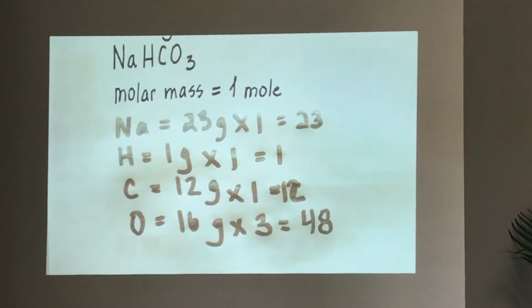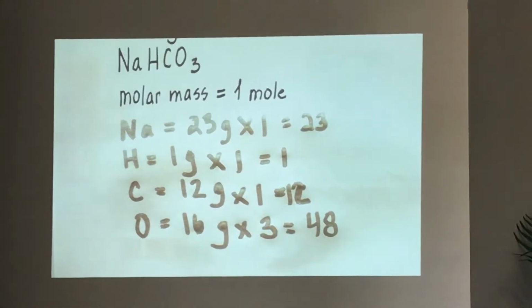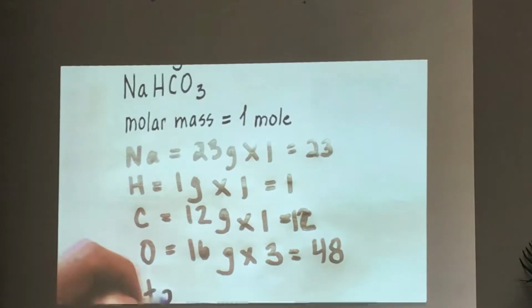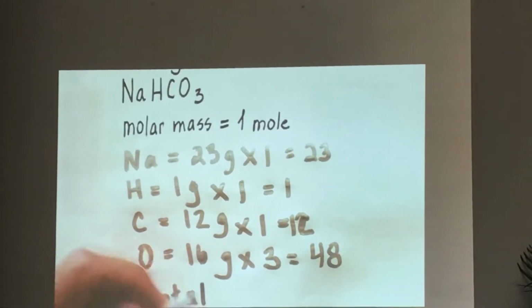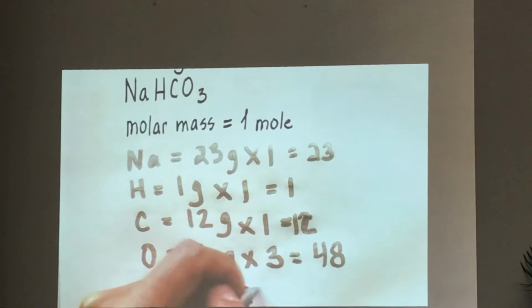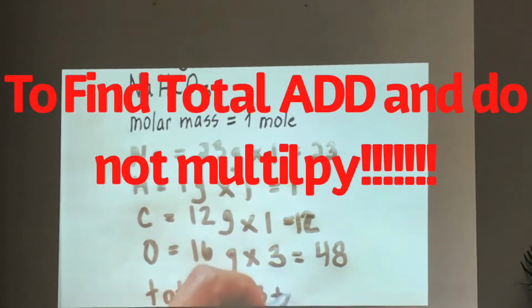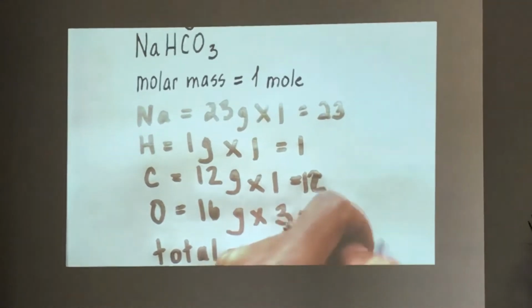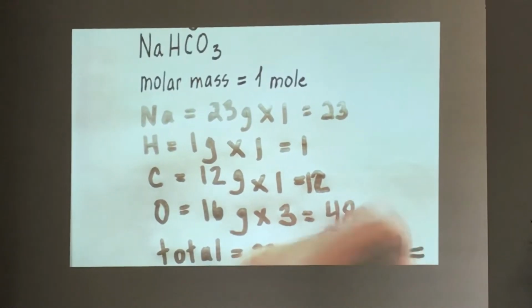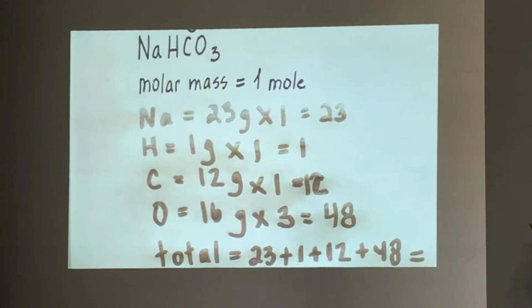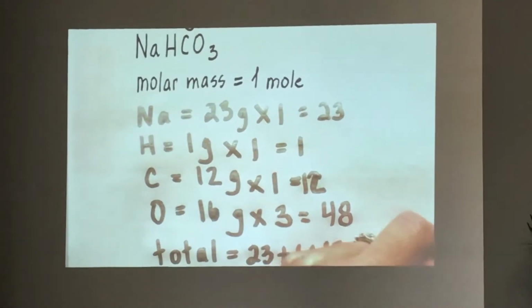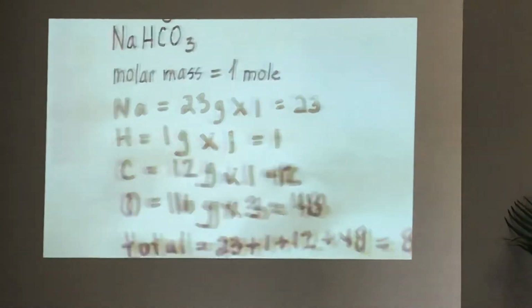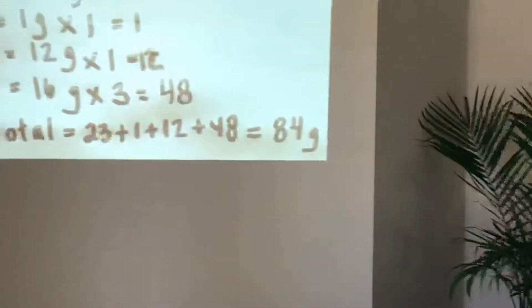Okay? After I did this, the last step I need to do to get my molar mass, I need to get the total. So total over here equals 23 plus 1 plus 12 plus 48, and I believe it should be 84 grams right here.